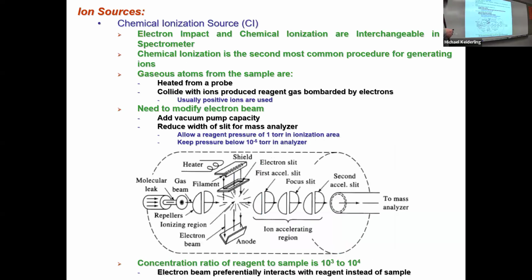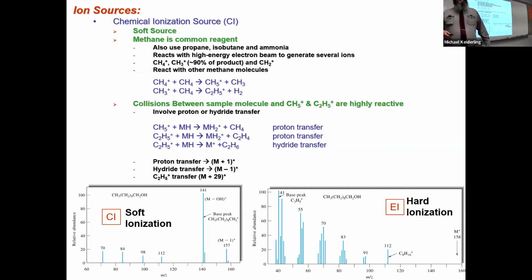Chemical ionization is basically the same setup as electron impact, but you add a reactive gas, which gets hit by the electrons and then reacts with the analyte to form ions. You can easily design something to do both. It's a soft source. The most common reagent is methane.